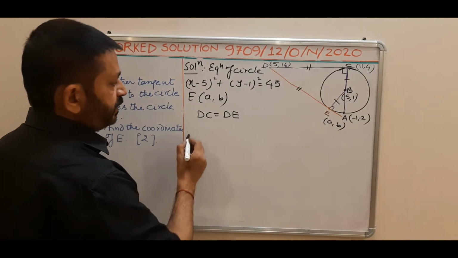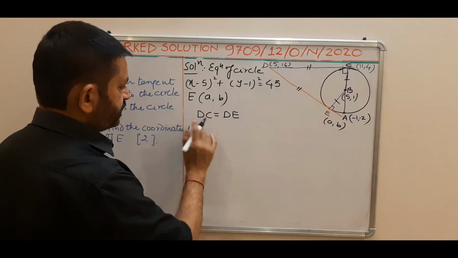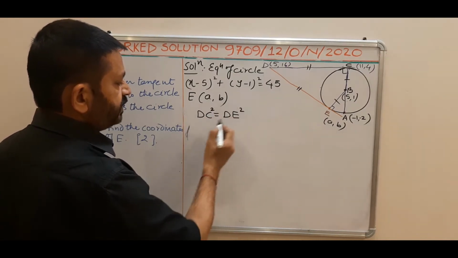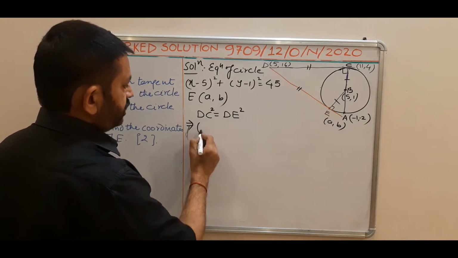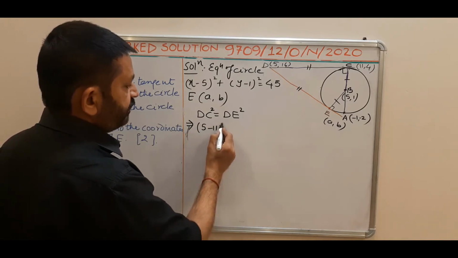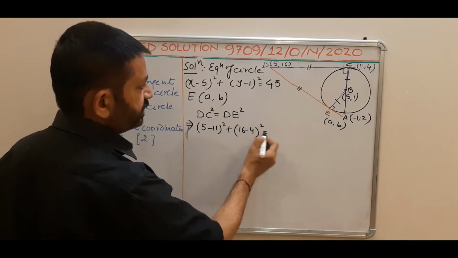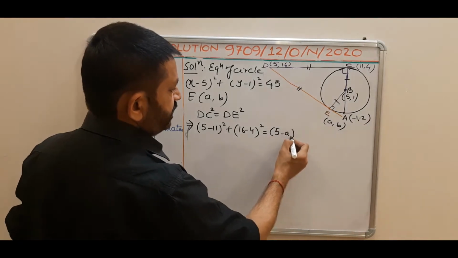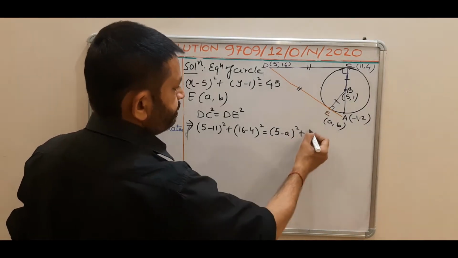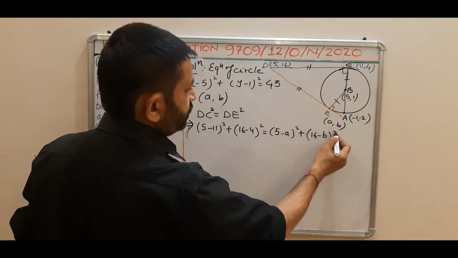So we can say that DC square is equal to DE square. It means 5 minus 11 square plus 16 minus 4 square is equal to 5 minus A square plus 16 minus B square.